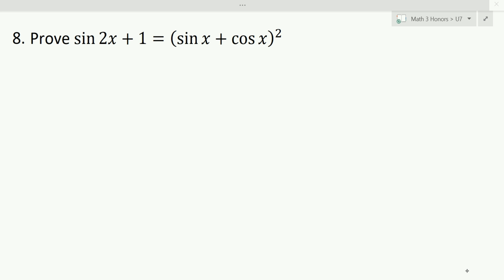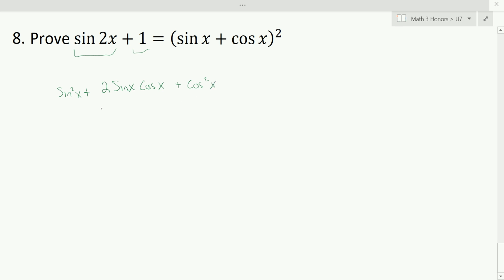So most of you saw, okay, we're going to change that 1 to sine squared plus cosine squared. And we're going to change the sine of 2x to, there's only one option, right? So 2 sine x cosine x. And then that 1 is going to become sine squared x plus cosine squared x.